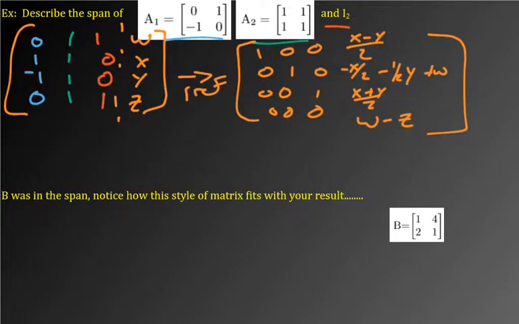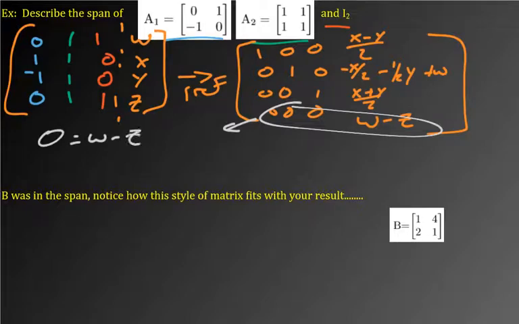Everything here is defined. But in order to span, you need this to make sense. And right now this is saying 0 equals W minus Z. So if you think about that last part, this row is saying if 0 needs to equal W minus Z, then W just equals Z, right? So that's the only condition I have whatsoever.